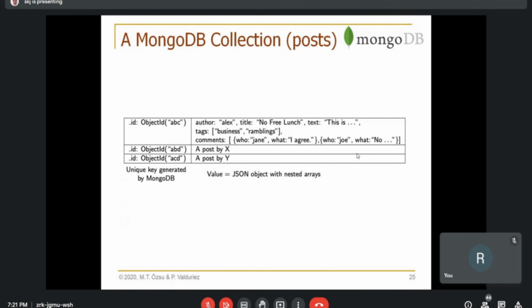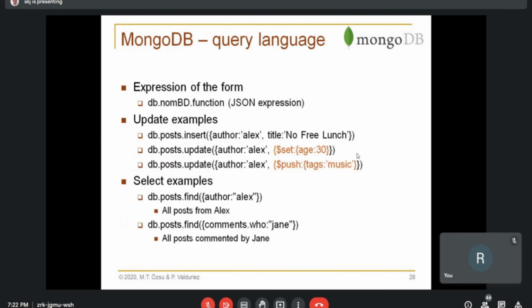MongoDB collection host. MongoDB query language, expression of a form: this is the database name, this is the function, database post, insert, author.